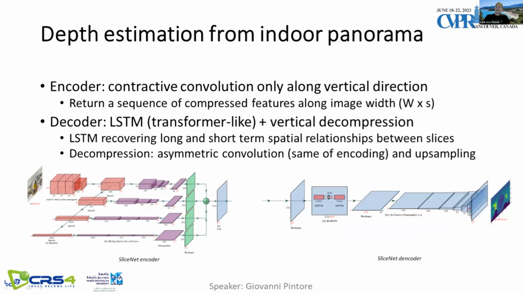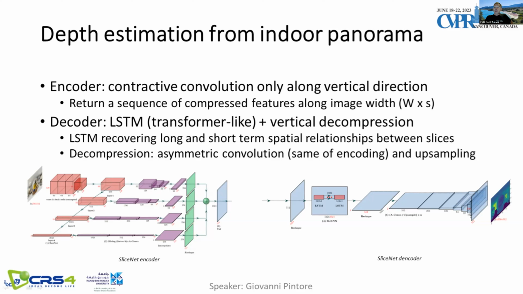As a result, the image is encoded through a cascade of contractive convolutions, which reduce only the vertical dimension, returning a sequence of compressed features along the horizon dimension. So, once features have been flattened in a fixed size sequence of slices, a feature refinement strategy is applied to recover long and short-term spatial relationships between slices.